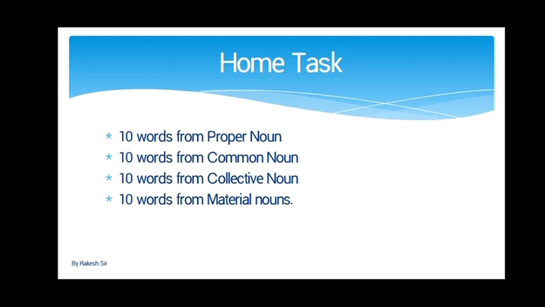Put the date and keep in mind which task I gave. For example, if I gave a task in my previous class, you put that date and write down the answers. Similarly today's date is 3rd July, so you will write down all the tasks.